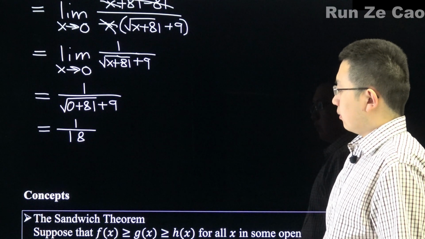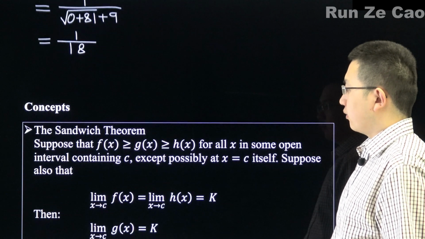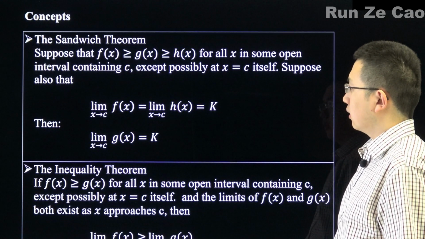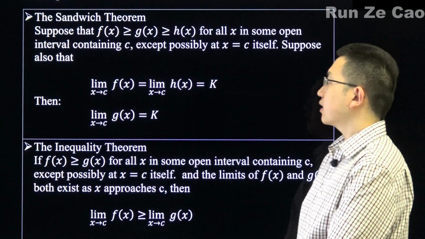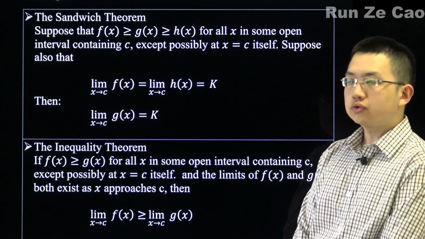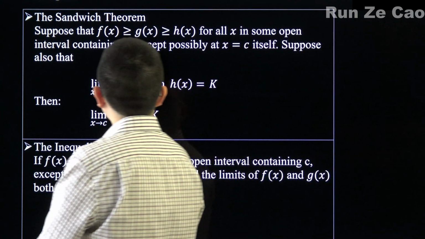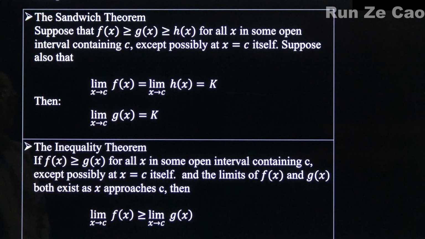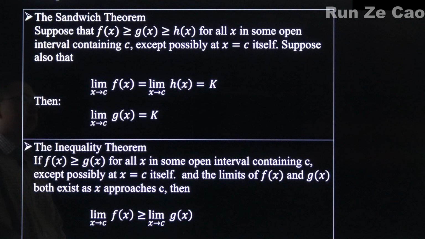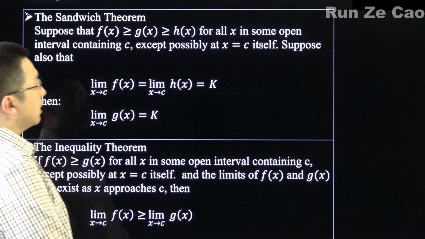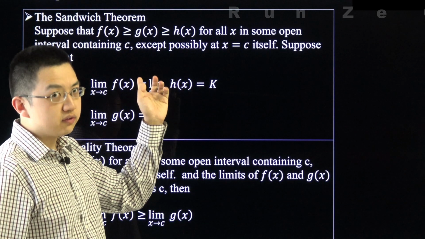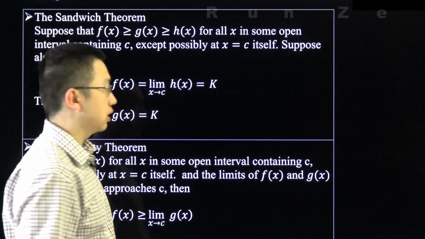So, what other concepts are there to think of when we're talking about limits? Okay, suppose that f of x is greater than or equal to g of x is greater than or equal to h of x for all x in some open interval containing c, except maybe at x equals c itself. Why? Well, at x equals c, say g of x has a removable discontinuity.